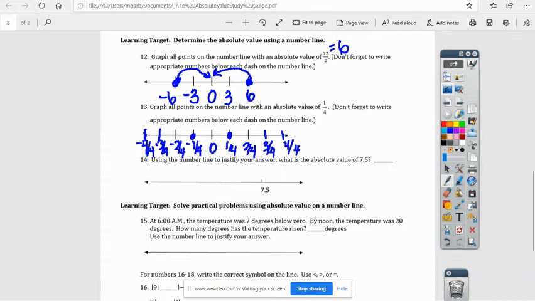Number 14. Using the number line to justify your answer, what is the absolute value of 7.5? Okay, so I'm going to put my 0 in there. Absolute value of 7.5 will be 7.5.